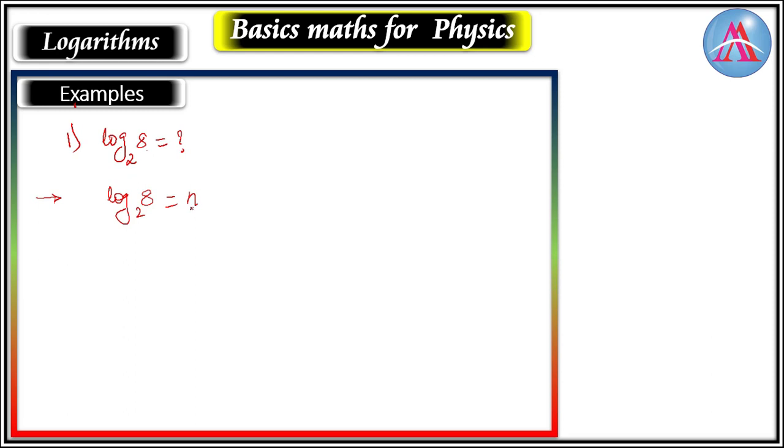Just as you converted index number to the log, as log of 8 to the base 2 is equal to 3, can you reverse the process? Can you convert log into the index form? Yes, we can convert it.